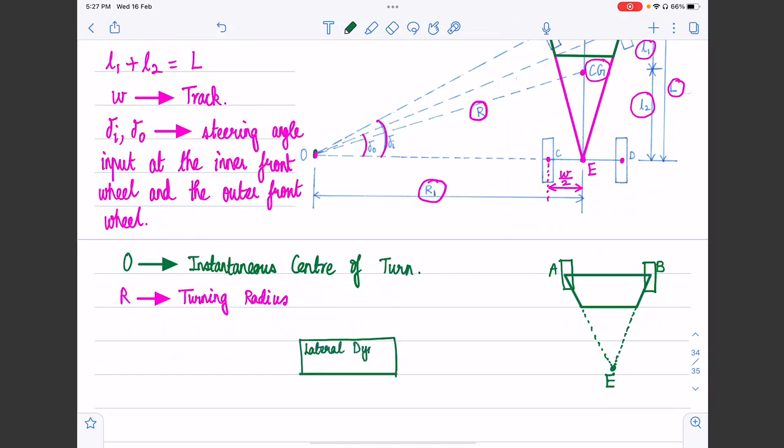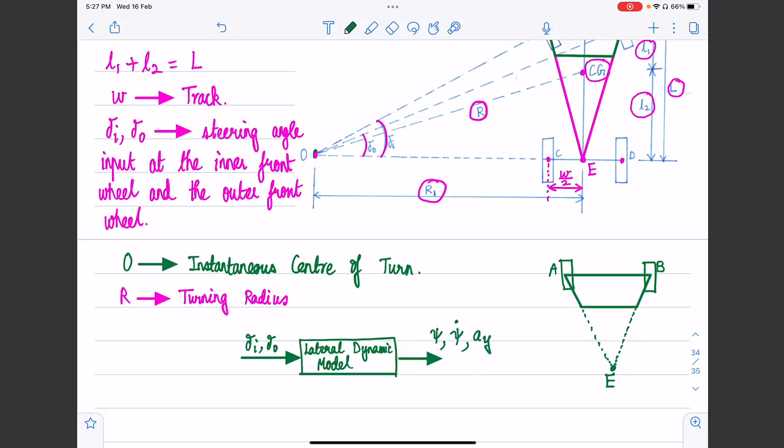When we want to derive the lateral dynamic model, I told you that the steering angles are the inputs. So we will have delta I and delta naught going as inputs to the system, and we may have various outputs: the yaw angle, the yaw rate, the lateral acceleration, and so on.